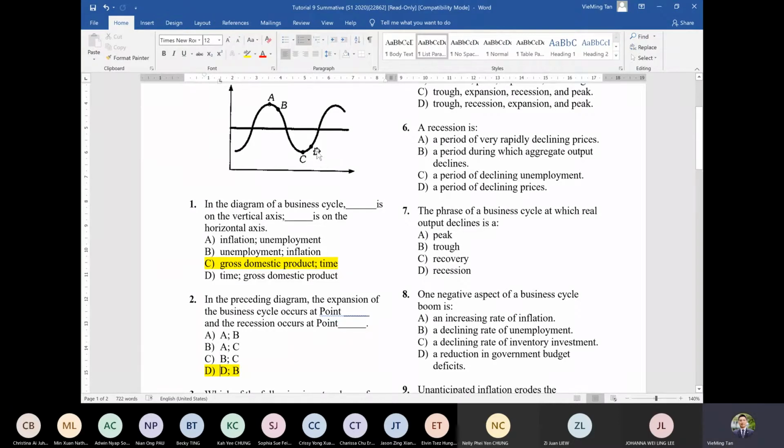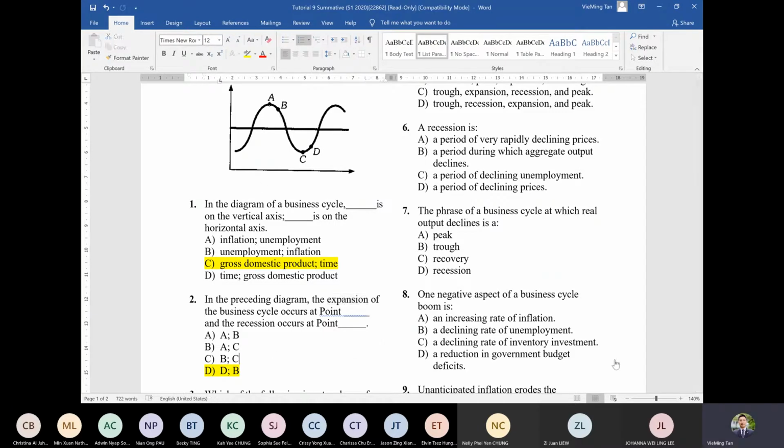You have to remember the keywords: expansion means recovery. The GDP is increasing at point D. And at point B, you may find that the GDP is starting to reduce. So this is called the recession time. Another word for recession is the contraction period.